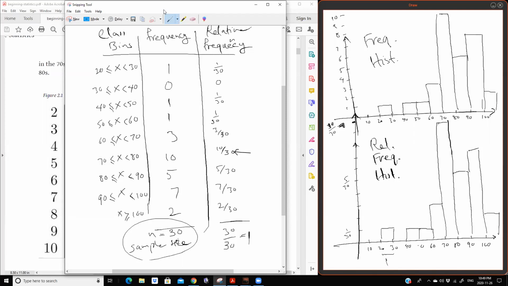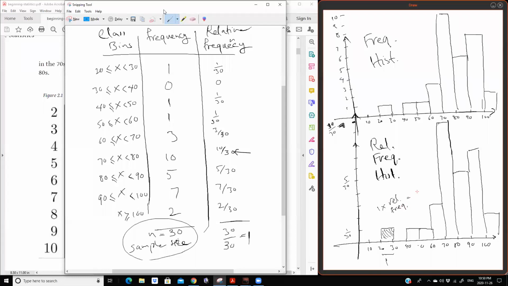So the width of each bin is just 1 unit. Then what happens when you multiply the base, which is 1 unit, and the height of each one of these bars? The area of each bar is going to be 1 times the relative frequency.